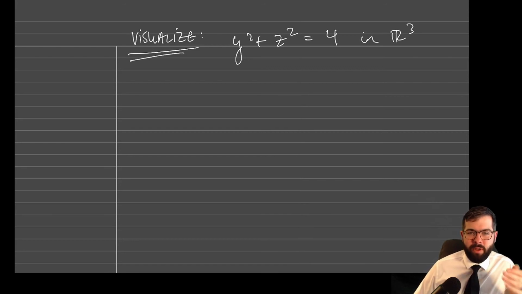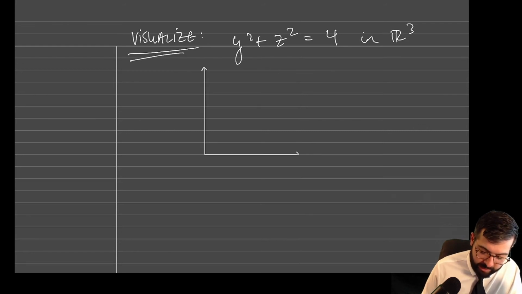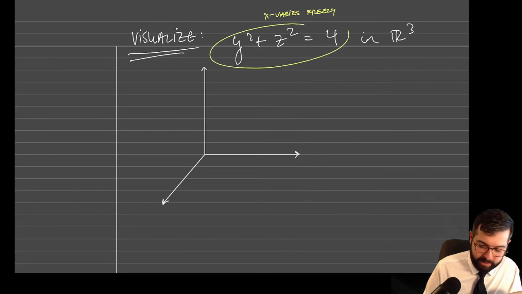And so, what does it run along? Along X. Yeah. Why do you say that, Alex? Because X isn't in the equation, so it's allowed to move freely. Exactly. X varies freely here. It has no restrictions. This guy's my constraint.